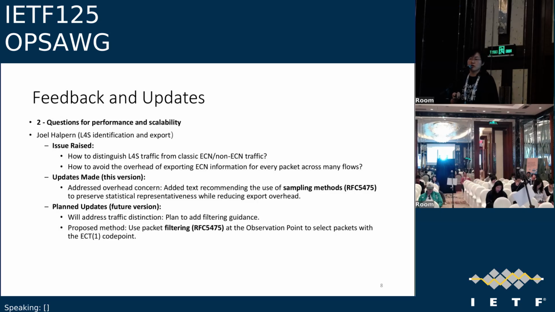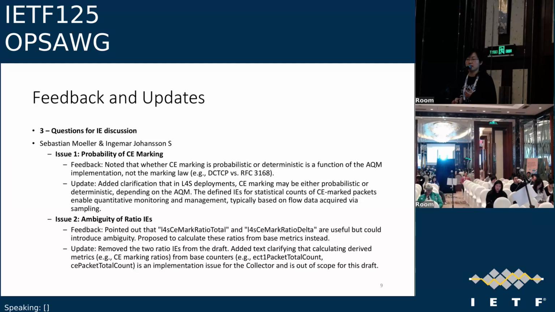For the first question, I think it's not addressed in the current version, so we plan to incorporate it in the next version, adding some filtering methods reference to the operation section. And there are also comments that the probability of CE marking and the ratio IEs have some understanding conflicts. We have made corresponding updates.